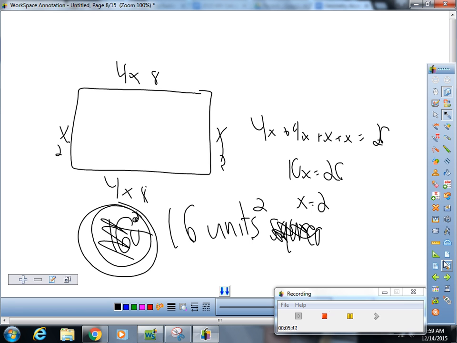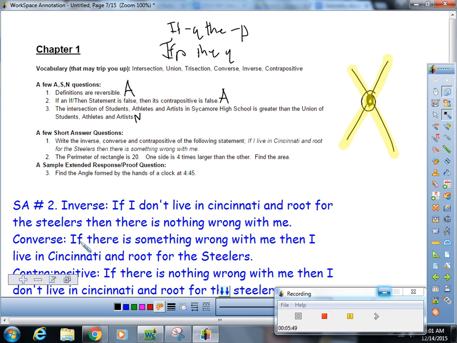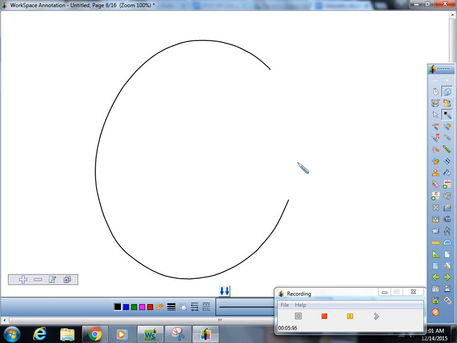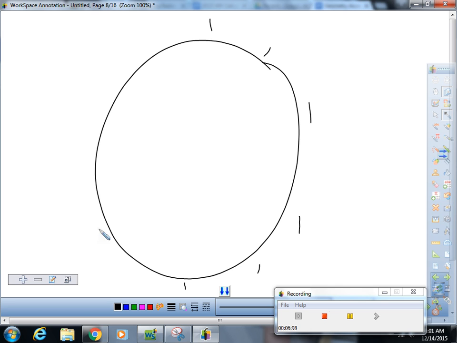Alright, this question says find the angle formed at 4:45. So you got this clock. It's a clock, not a circle. I'm not going to number it, I'm just going to make a mark. Probably should have put numbers.